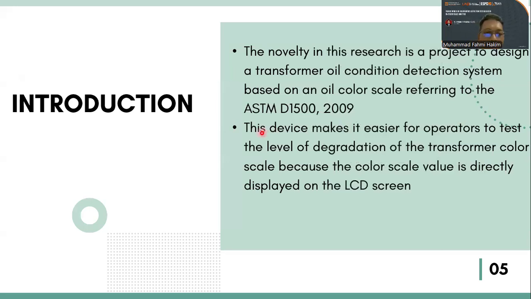The benefit of this device is that it makes it easier for operators to test the level of degradation of the transformer oil color scale, because the color scale value is directly displayed on the LCD screen.